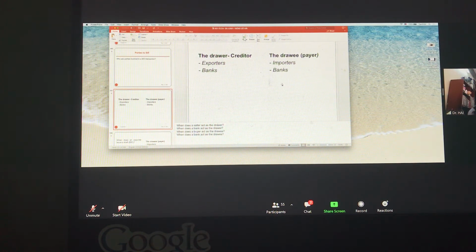They are the same. The second one is the contents of the sales contract. Do you remember sales contract? Hợp đồng thương mại.